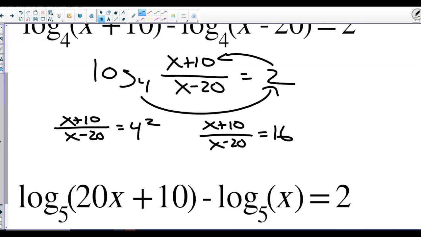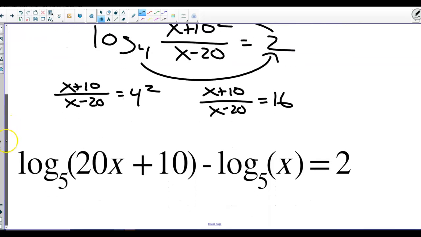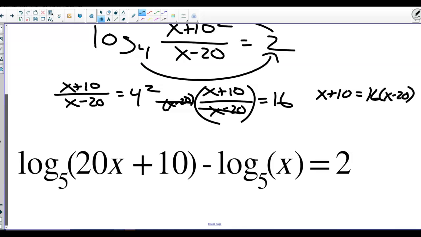That's what 4 squared is. And now I'm going to multiply both sides by the denominator. So it's going to be x plus 10 equals, because when I multiply x minus 20 on this side, that cancels, 16 times x minus 20. X plus 10 equals 16x minus 320.